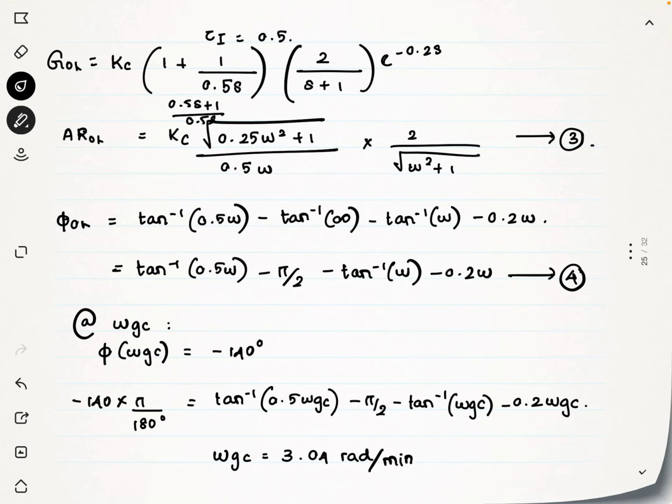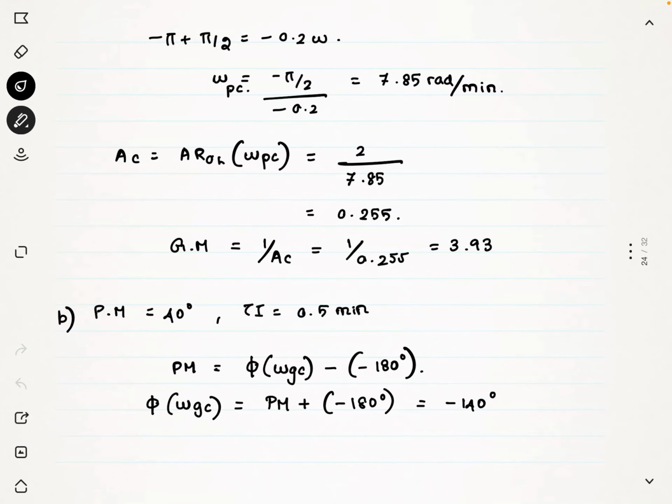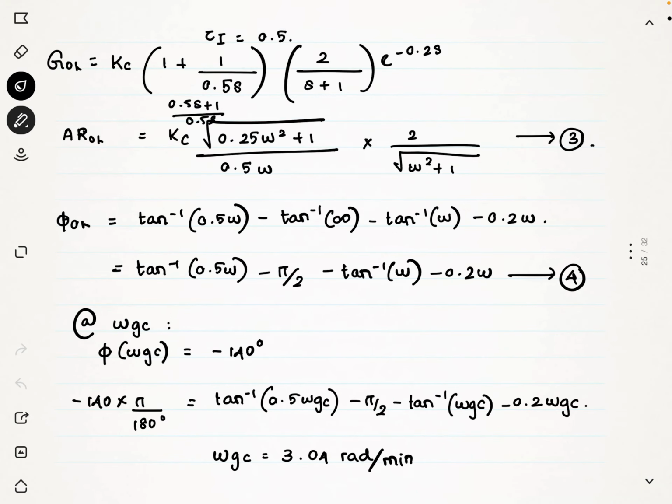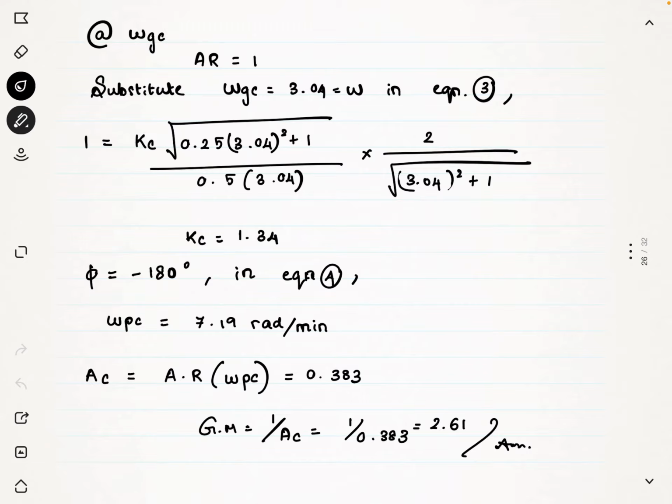So the gain margin using the first approach was 3.93, and using the information given in the second subdivision, it was 2.61. So this completes question 3, and now let's go to question 4.